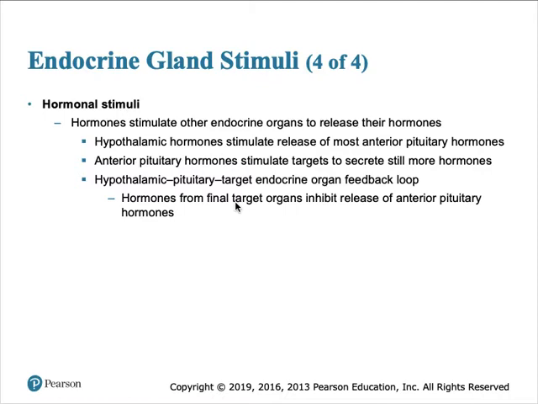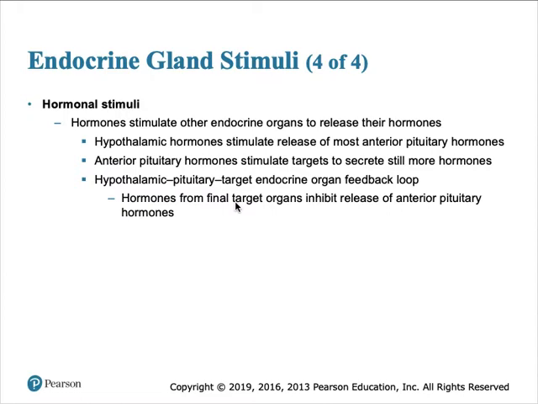And then in hormonal stimulus, the hormones stimulate other endocrine organs to release their hormones. For example, the hypothalamic hormones stimulate the release of most of the anterior pituitary's hormones. We'll go through how that works shortly. The anterior pituitary hormones stimulate targets to secrete even more hormones, and we end up with what we call the hypothalamic-pituitary-target endocrine organ feedback loop.